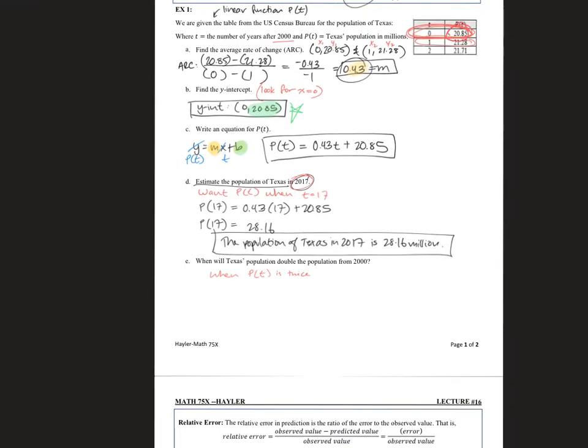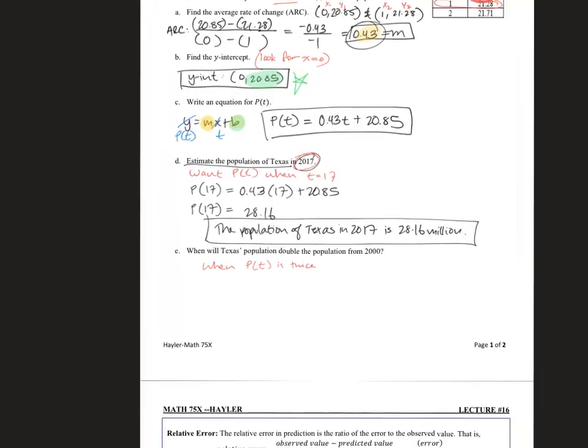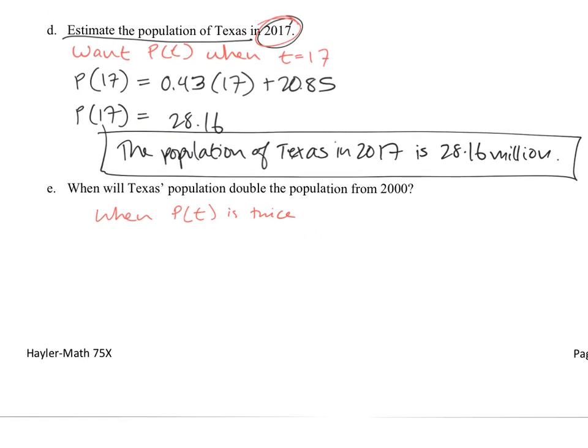The population in 2000 was 20.8. So when P of t is twice 20.8. Well, another way to write that is we want to find out when P of t equals 2 times 20.8. Well, what is 2 times 20.8? That is 41.6.